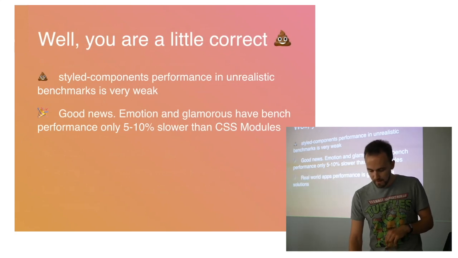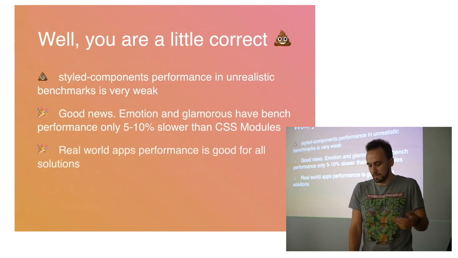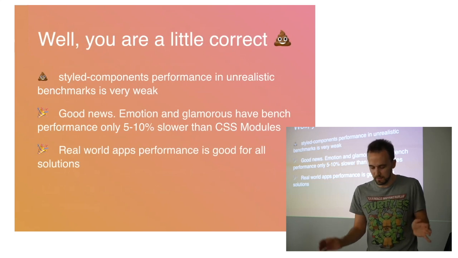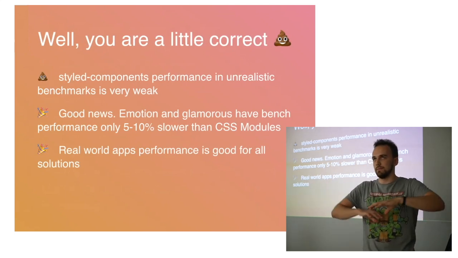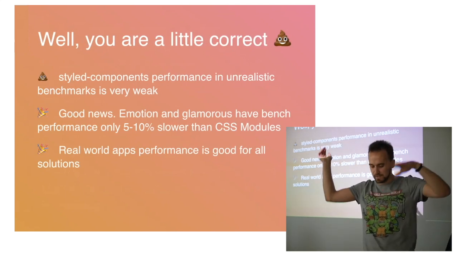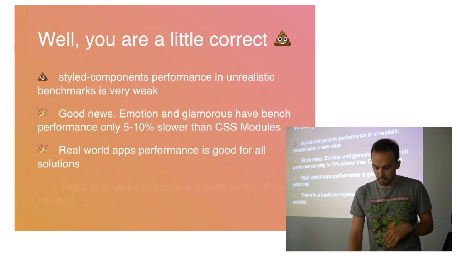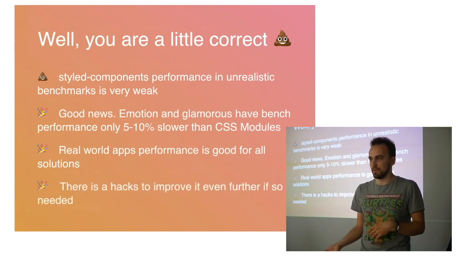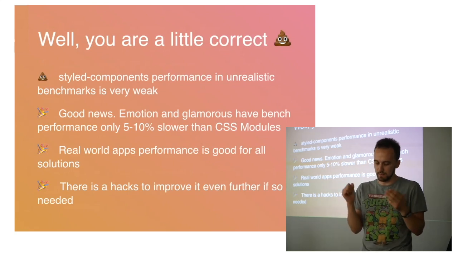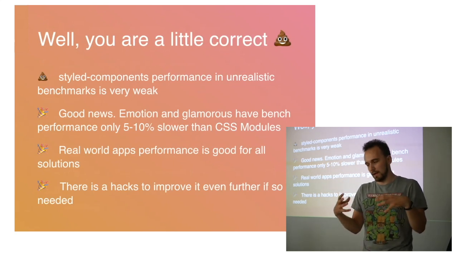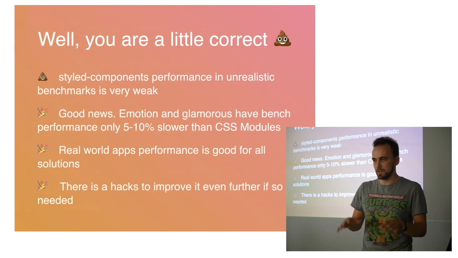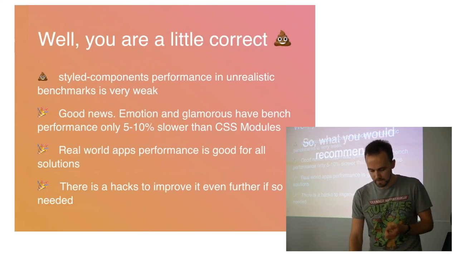And real-world performance is good for all solutions, and nobody has any problems unless they, I don't know, do some dashboard with billions of graphics or whatever. Also there are hacks to improve it even further for Emotion, styled components, and all these solutions, using Babel plugins and Webpack plugins, so it will be even faster.